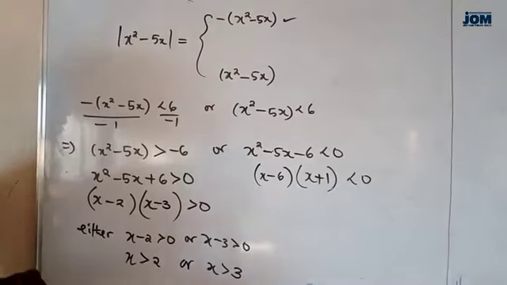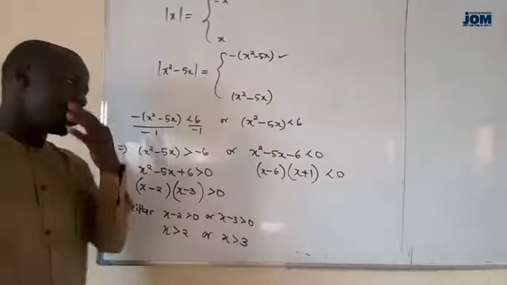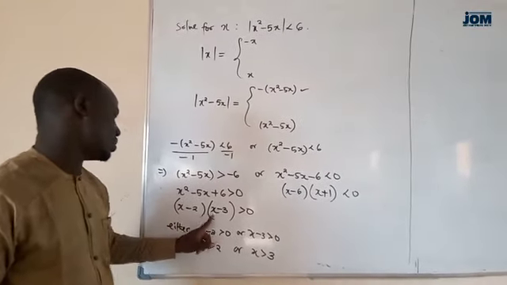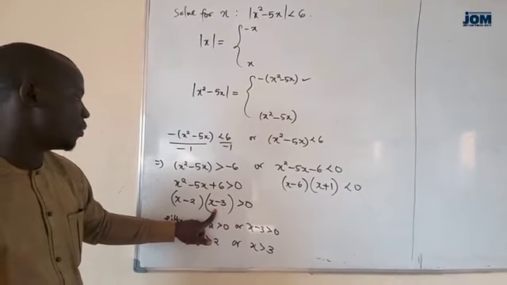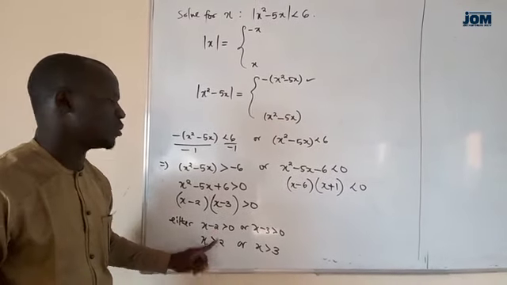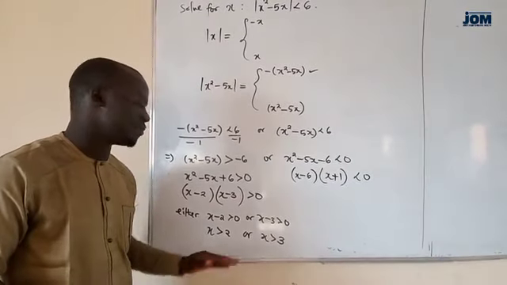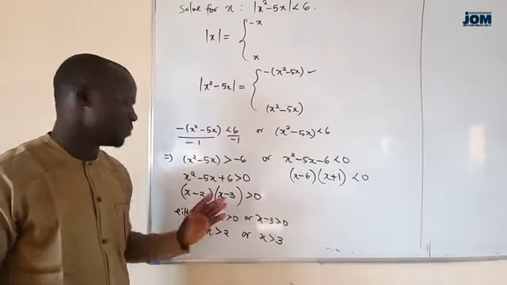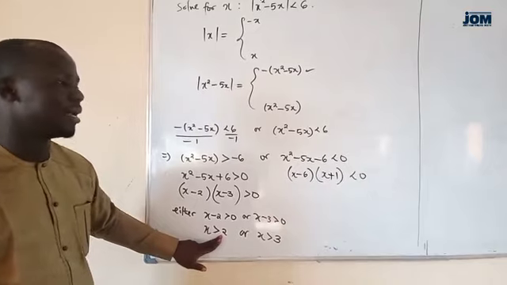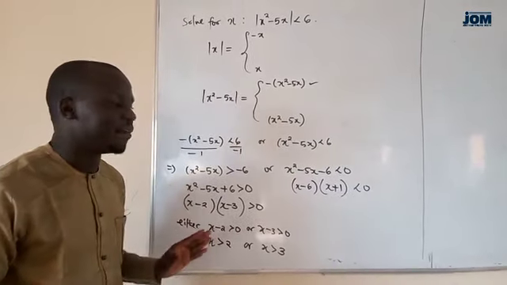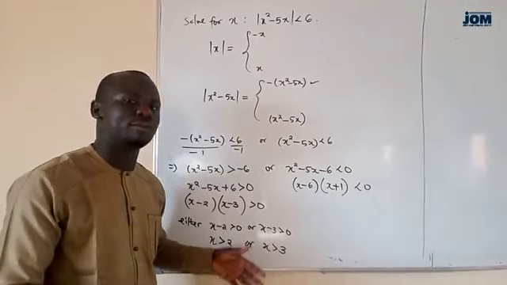Now, if we consider this on a graph, we observe that if the value of x is 3, this argument will not be true. So I would advise we start taking the values of x from 4 upward, since they say x is greater than 2 or x is greater than 3.